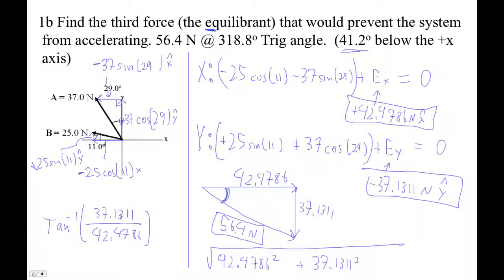I'm just using SOHCAHTOA here. Inverse tan of Ey divided by Ex. This is my y, this is my x. 41.157 degrees, or 41.2 degrees. All right, I hope that helps.